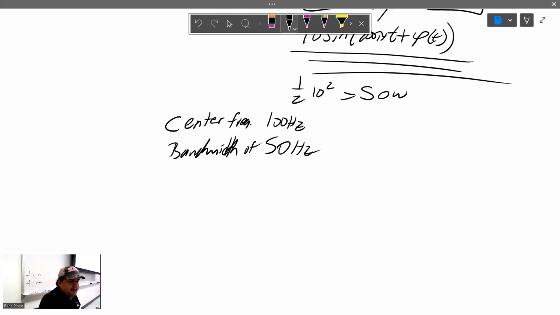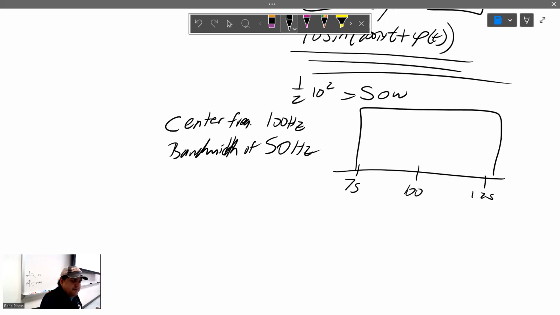That means when you draw out the spectrum, it's gonna spread between 75 and 125. It's gonna be your filter, with a center frequency of 100 and a width of 50 hertz. Does that make sense so far?